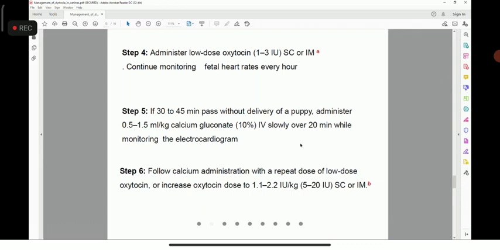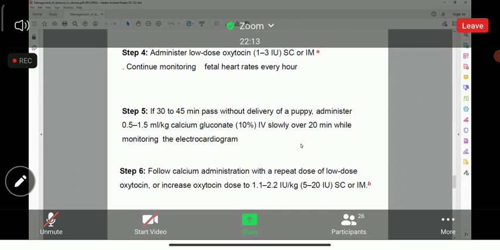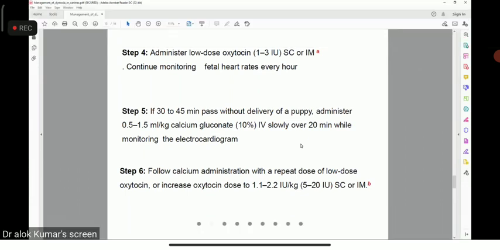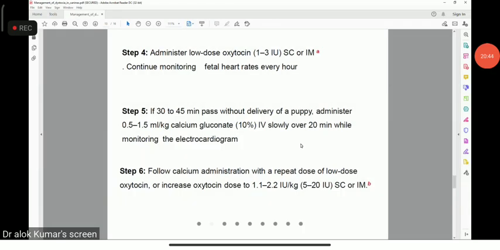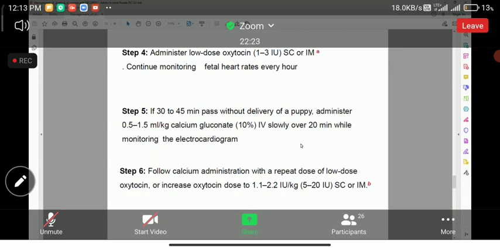Now, after getting these examinations done, in anamnesis you have to ask whether any one or two fetuses have been delivered or not, or whether the owner has seen any fluid discharge. Okay, greenish, dark greenish, normal, light pink, any kind of discharge. So what will it tell?